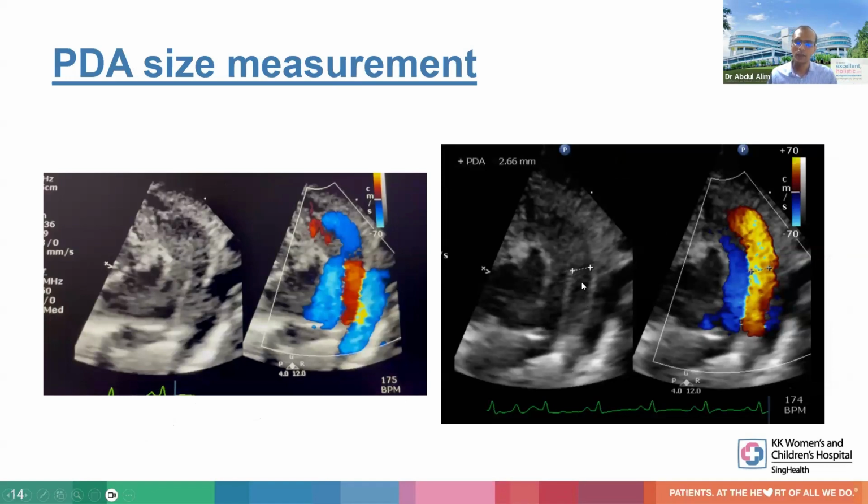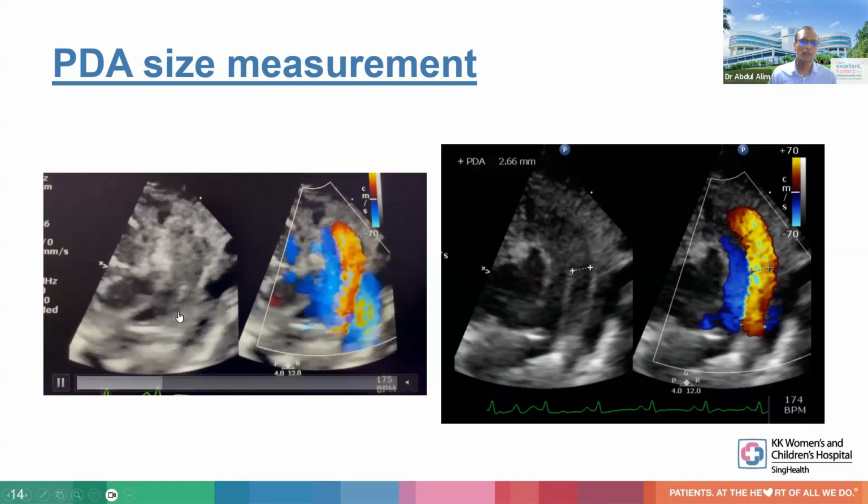This is the PDA where it's measured. The PDA was measured at 2.66 millimeters in the color flow as well as in the 2D. In the same picture, we can measure the left pulmonary artery also. If you eyeball the picture, the PDA is as big as or slightly bigger than the left pulmonary artery, which means the ratio is equal to or slightly more than 1.